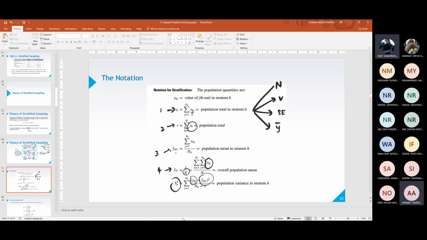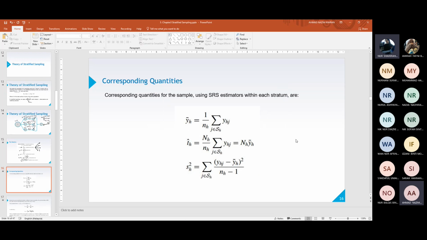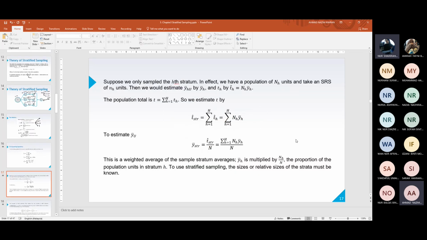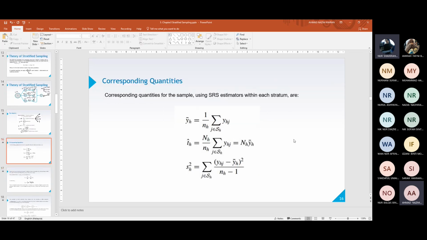YHJ is the Y value for each element in stratum H. I think we can look at the example in the next slide. I think it is a bit later. We will look at the example.